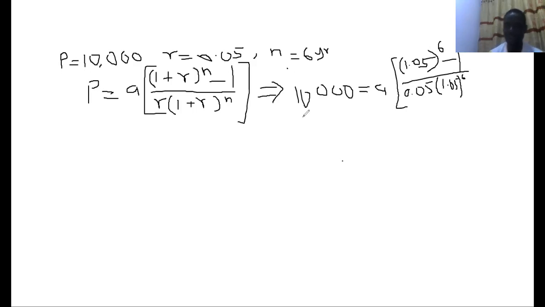Okay, so when you compute whatever is in the bracket, this will give me 10,000 equal to A multiplied by all that is in the bracket.